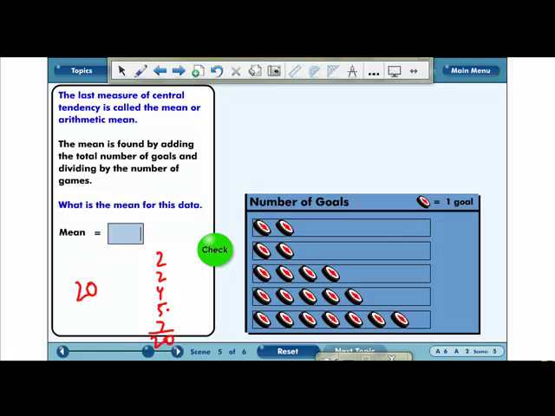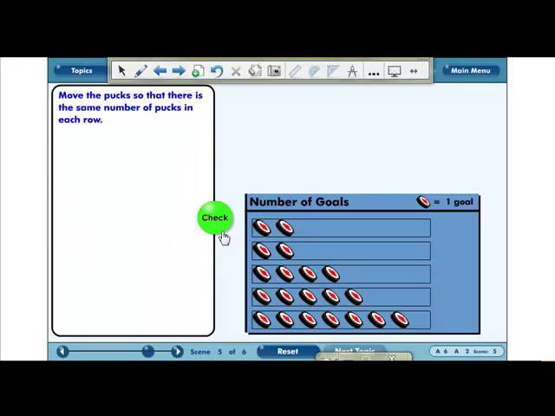So we have 20, and we're going to divide that by 5 because we have 1, 2, 3, 4, 5 scores that we added up. So 20 divided by 5 equals 4. So our answer here is going to be 4 for the mean, or the average, and that is correct.